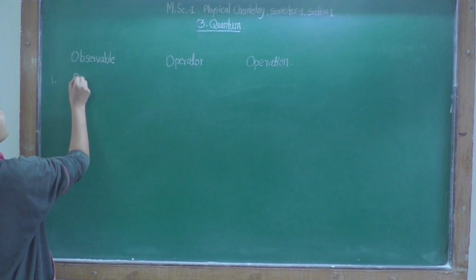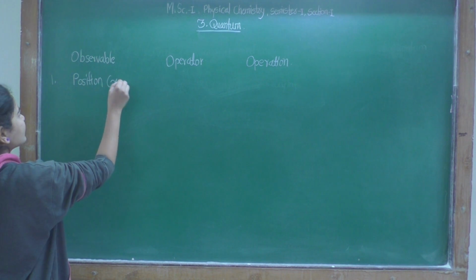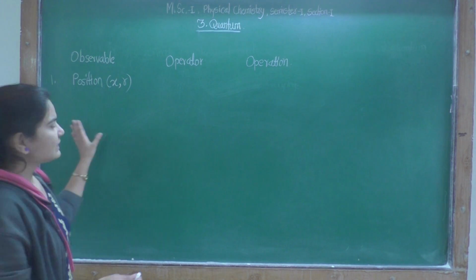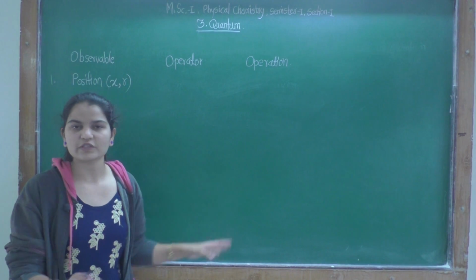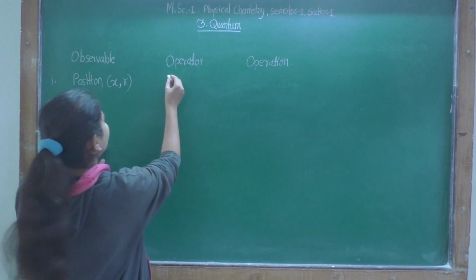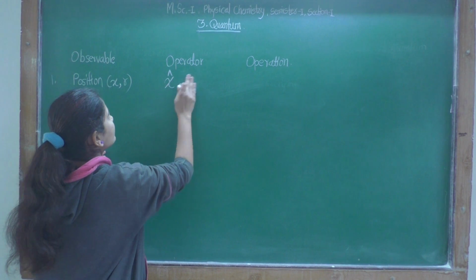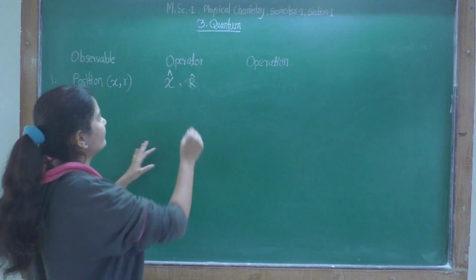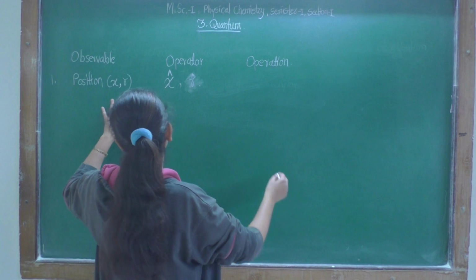First of all, we will see position, denoted by x or r. This is the position, which is a classical observable. We can classically see the position of any object or any particle. For quantum mechanics, the operator for position is x cap or r cap.